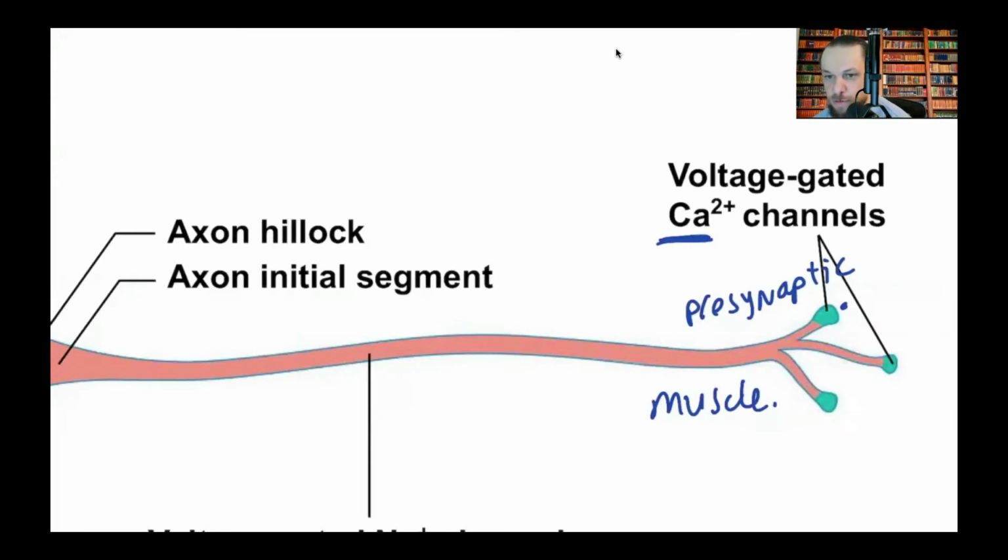Anyone remember what was the role of calcium in actin and myosin when it was on the actual mechanoreceptors? What did calcium do? Can you repeat that question? Yeah, so I said the role of calcium on the presynaptic terminal was acetylcholine release.